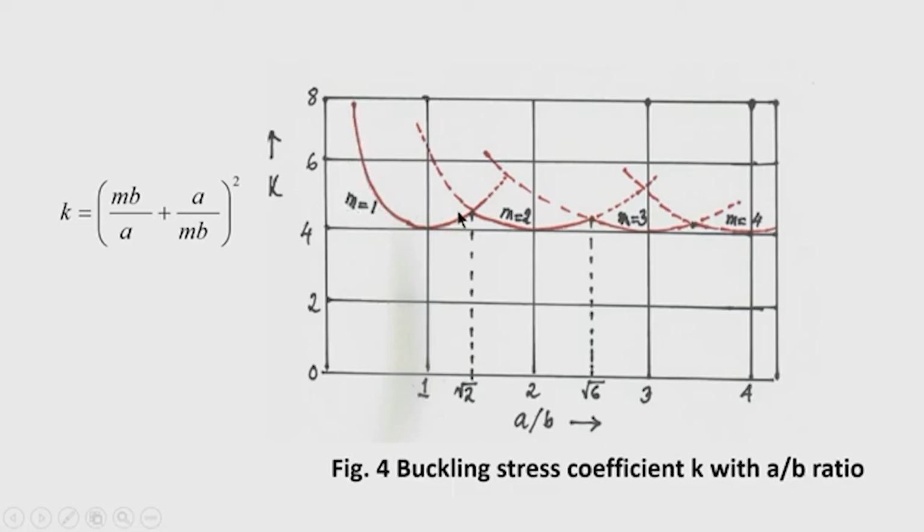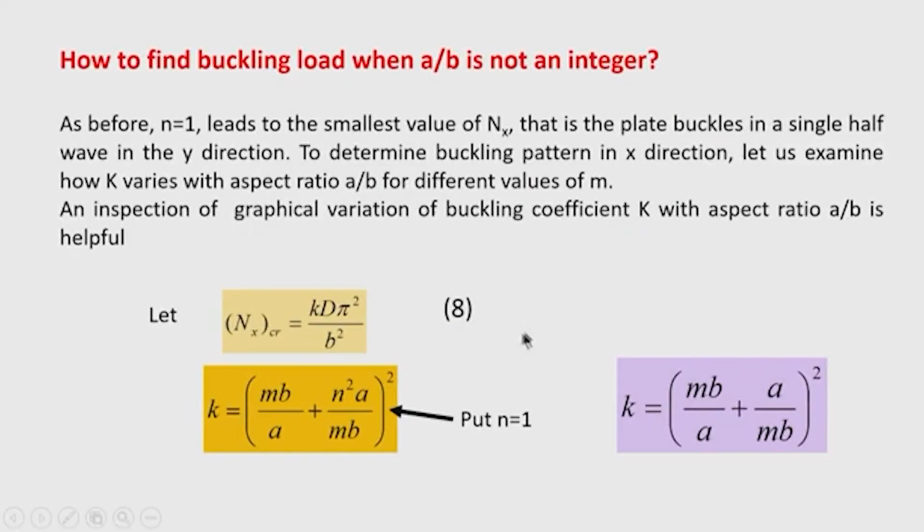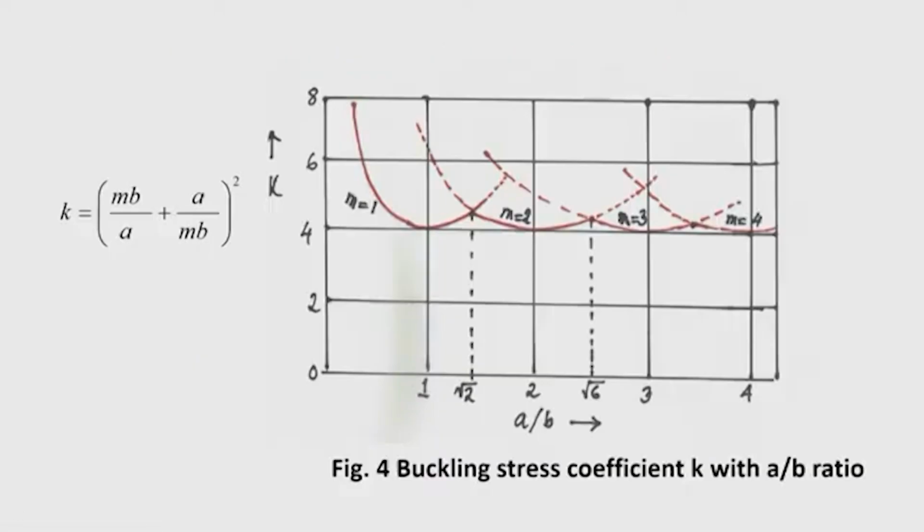So, this is the curve for m is equal to 1. For m is equal to 1, the lowest buckling coefficient is 4. So, that means when the half wave number in the x direction is 1, we can find the buckling load by taking k is equal to 4. Okay. n is already 1, that we have determined earlier.